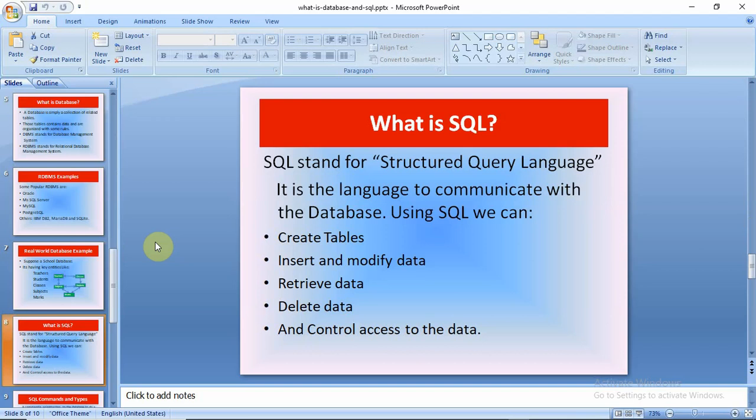Number 2, we can insert data and modify data in the database tables. Number 3, we can retrieve data from the database. Number 4, we can delete data. Number 5, we can control access to the data.